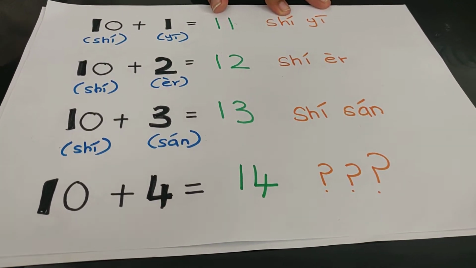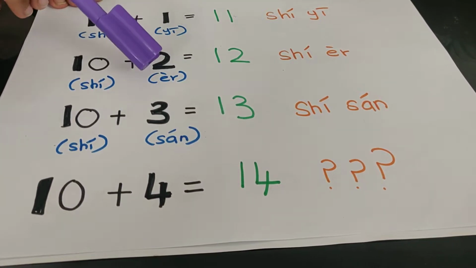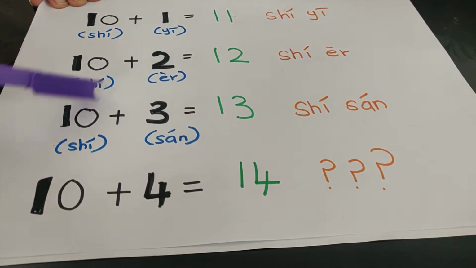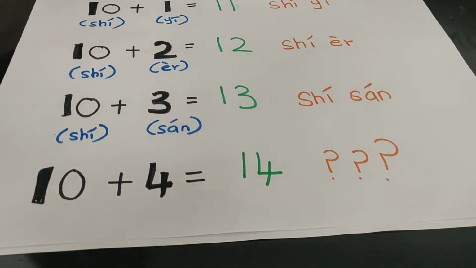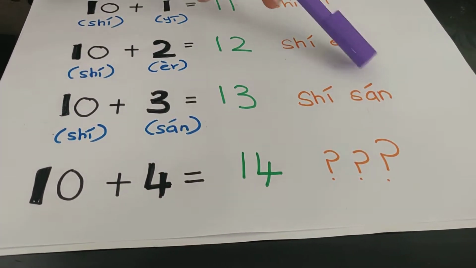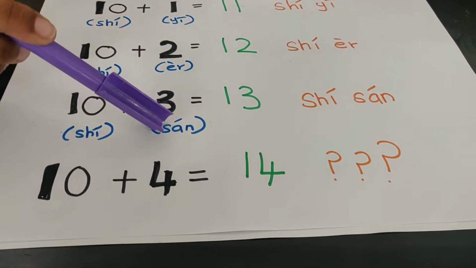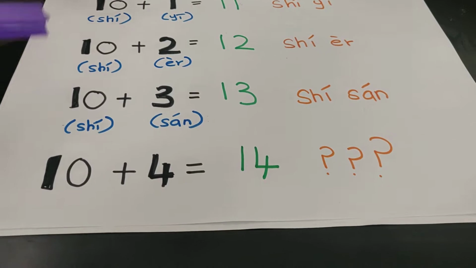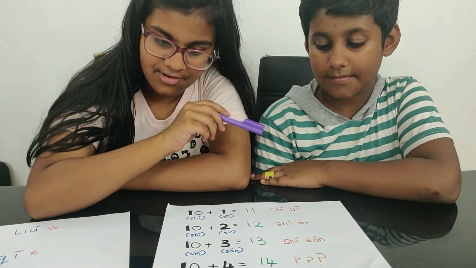Same thing goes to other numbers. So this 10 is shi, the 2 is er. So the shi comes first, then the er comes. Same thing goes with this one. Shi san. Shi plus san equals shi san. So can my friends tell me what 10 plus 4 equals?